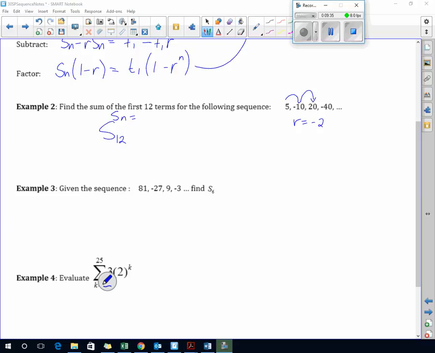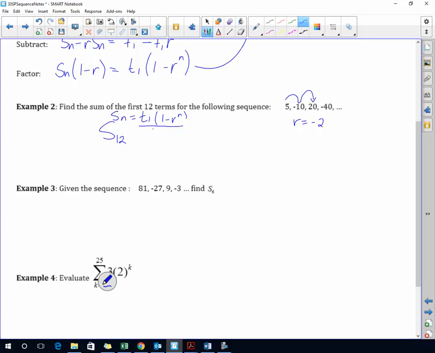So, S12 is the first term. What's the first term? 5 times 1 minus, oh, now here's where people will make a mistake, watch, it's not plus because it's minus minus. It's subtract negative 2 in brackets to the power n, which is 12, all over 1 minus minus 2.